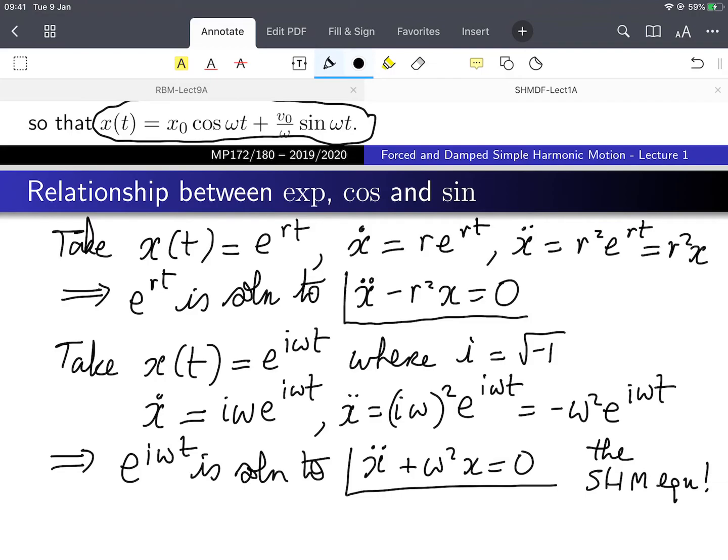Question: will it always have that layout, the second derivative plus a constant times x? Is that always the usual layout for the simple harmonic equation? That's the simple harmonic equation, yeah. That's the most general form of the simple harmonic equation. That's not the simple harmonic equation. But that is. Nice.